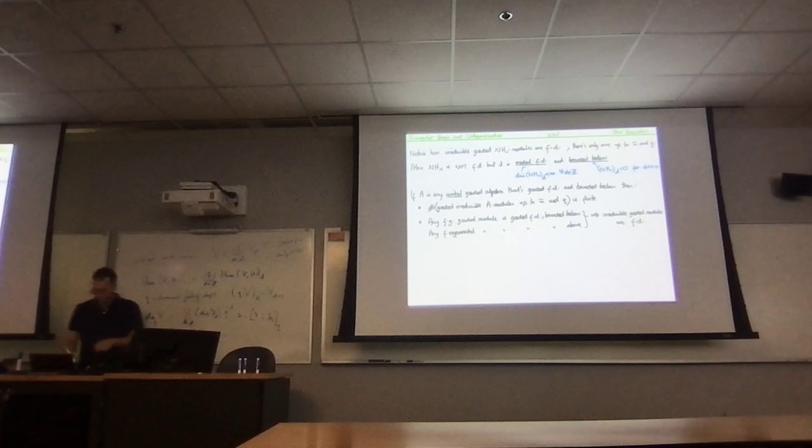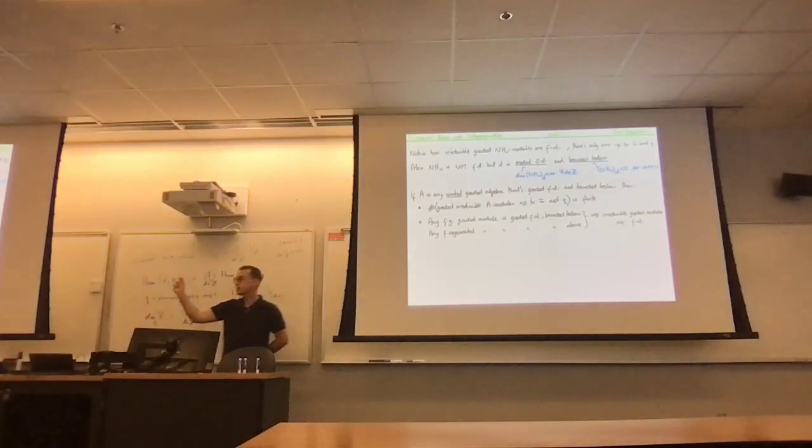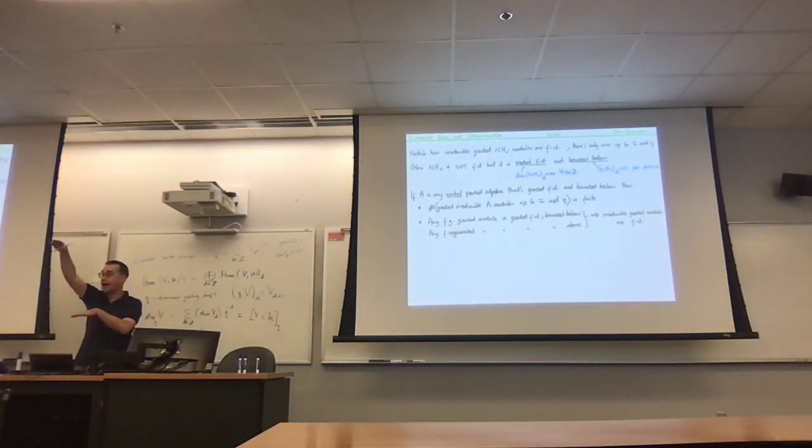That's the difference. And irreducible graded modules are both finitely generated and finitely co-generated. So they're graded finite dimensional, their graded pieces are all finite, and they're bounded both below and above, so there are only finitely many degrees that show up in that graded irreducible.